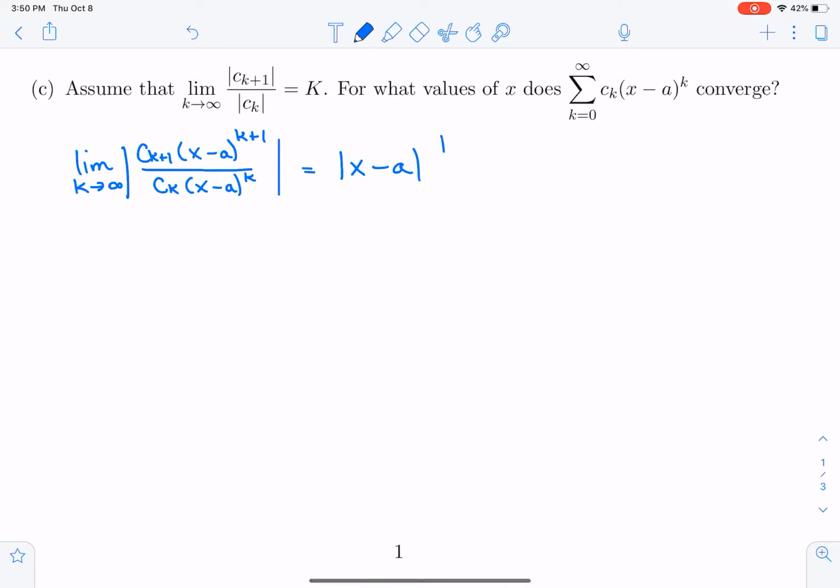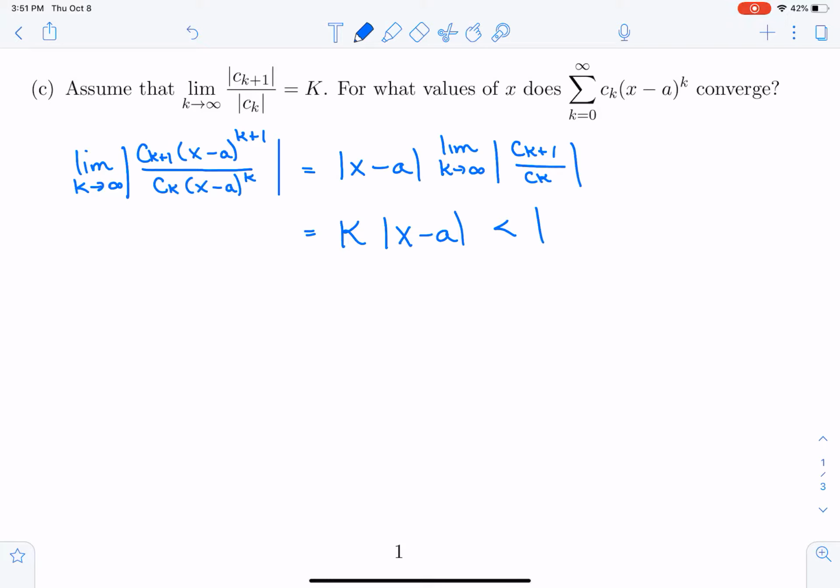And what is left is the limit as k goes to infinity of c sub k plus 1 over c sub k. So in fact, what we're left with is that limit, which is equal to capital K times the absolute value of x minus a. And then by the ratio test, this converges if K times the absolute value of x minus a is less than 1.